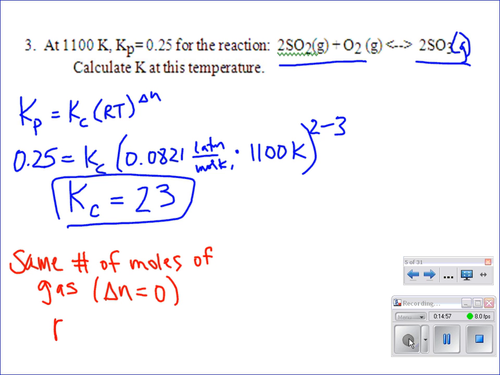And so that takes that RT to the delta n, anything to the 0 power is 1, right? So that just drops it right out. So that means therefore Kc is equal to Kp in that case.